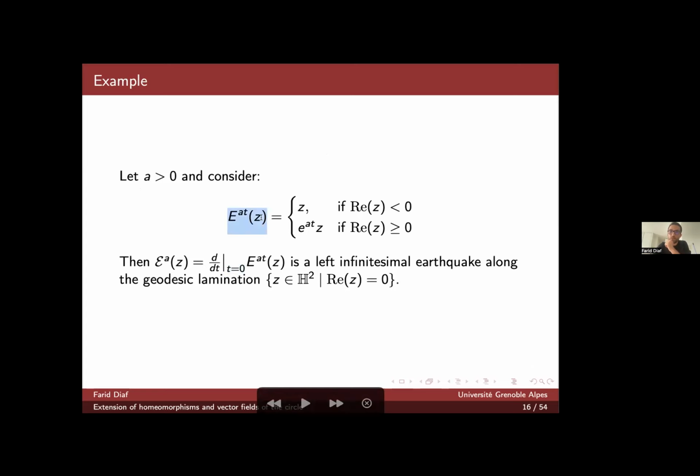So this is an earthquake. I take the derivative, left infinitesimal earthquake. However, in the definition, it is not always true that an infinitesimal earthquake is the derivative of a one parameter family of earthquakes. This is the thing.